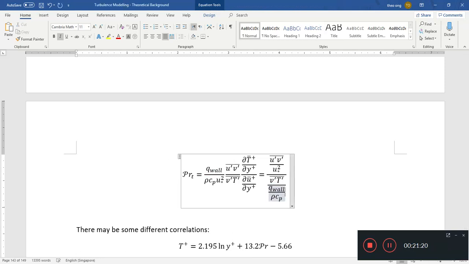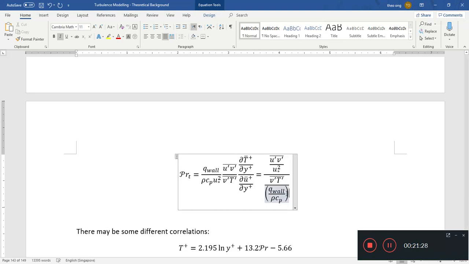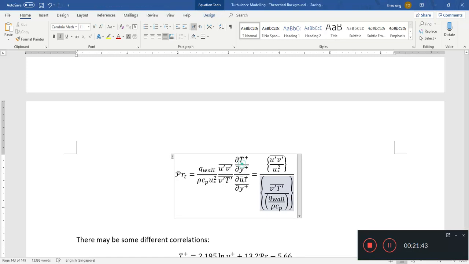It looks pretty convoluted with so many fractions, but let's put some nice brackets to make it a little more orderly. So this is actually the result of our non-dimensionalization.